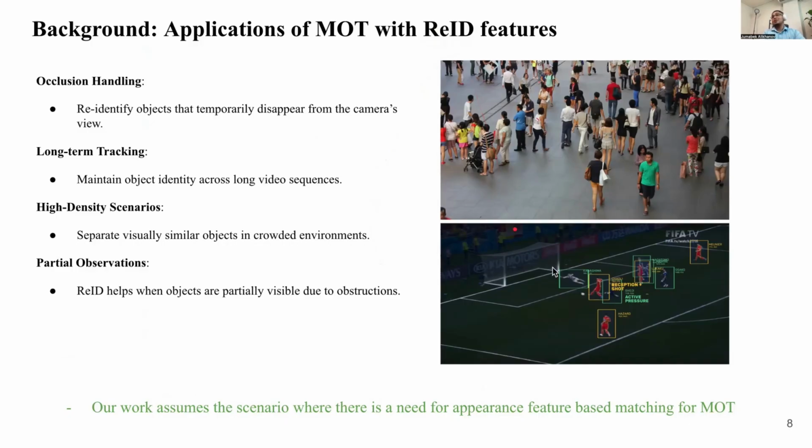For example, in soccer, maybe this guy went missing from the camera and then appeared again. We have to re-identify who he is and who he was before. How do we do it? Using the features. We compare the appearance features. We extract appearance features from the previous frame and the current frame, and then we match them to each other, all right?